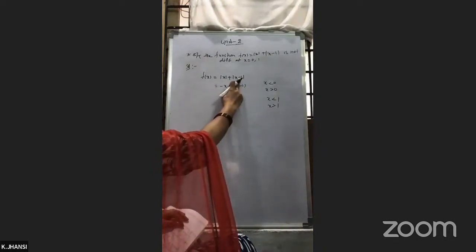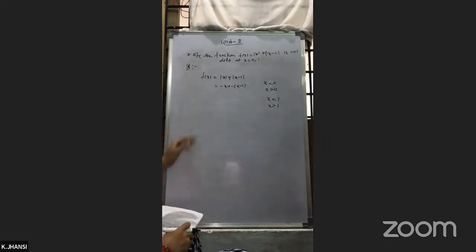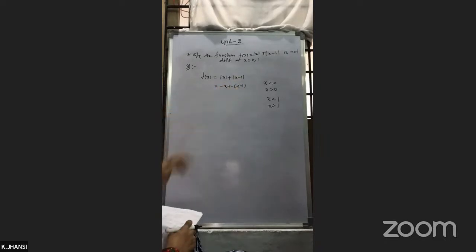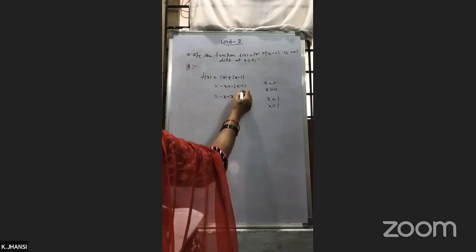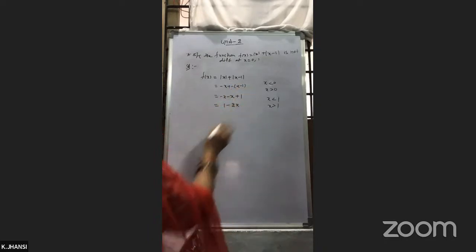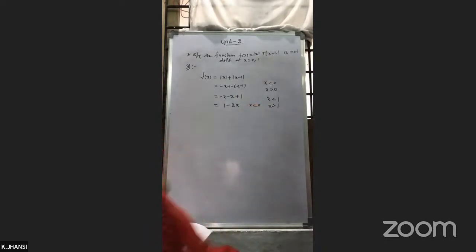This will become negative and this will become negative. Why? Because modulus, when it is less than 0, it will be minus x. So here minus x, and this is minus of minus x. So it is equals to minus x. This is minus x. Minus into minus is plus 1. That is 1 minus 2x, when x is less than 0.